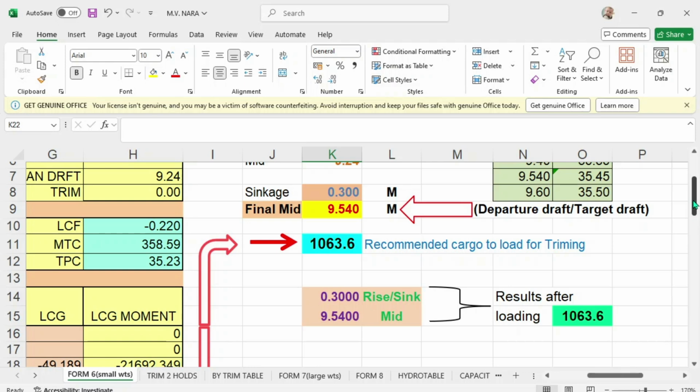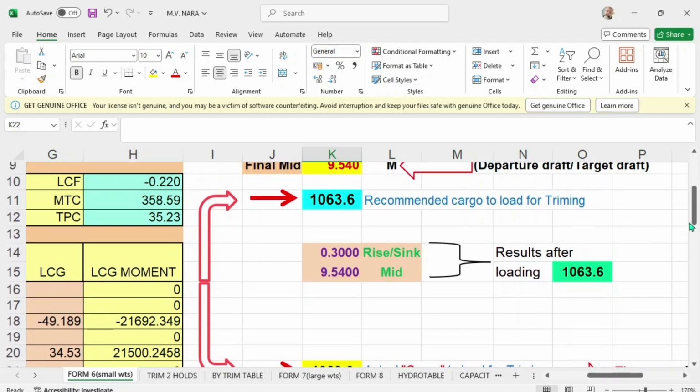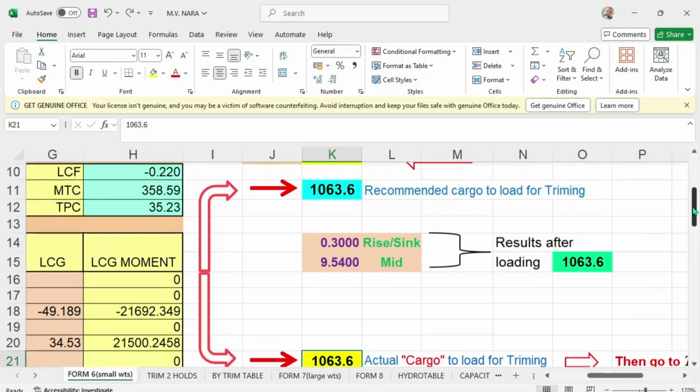Okay, so that is for the sake of computation, but for actual practice, you don't put the decimals, you round it up, you put 1064. Okay, that's how you do it. But for the sake of computation accuracy, we just do it like this.